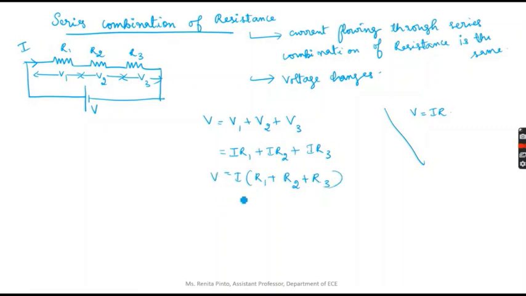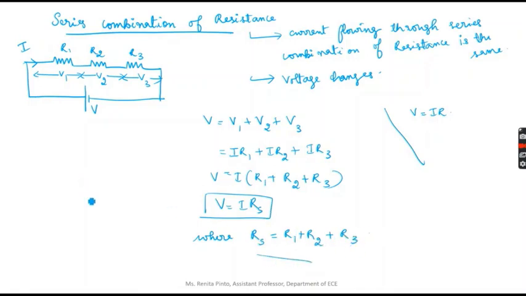So you can also write it as V is equal to I into Rs, where Rs is the equivalent series resistance which is equal to R1 plus R2 plus R3.